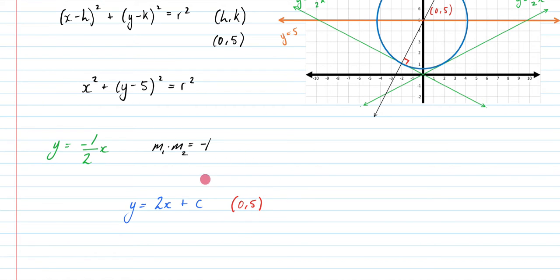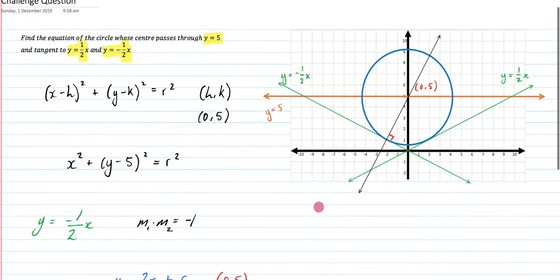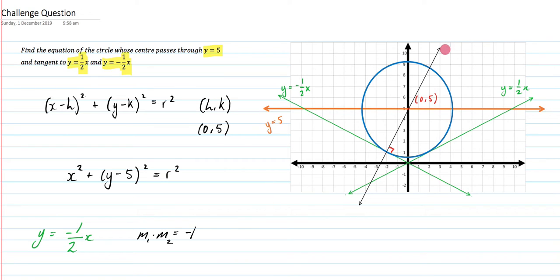If I sub that in, it's quite obvious that my line will be y equals 2x plus 5. So that is going to be the equation of my new line.